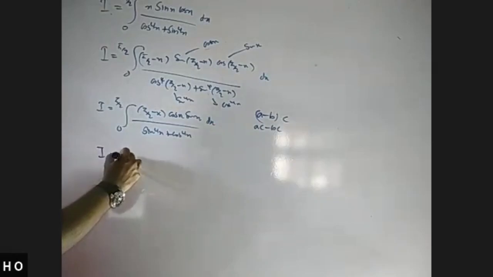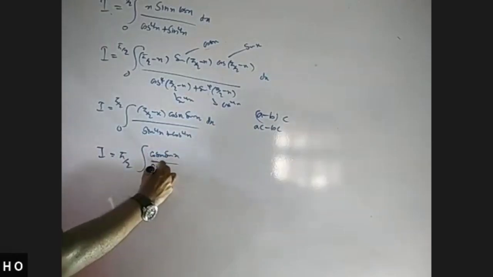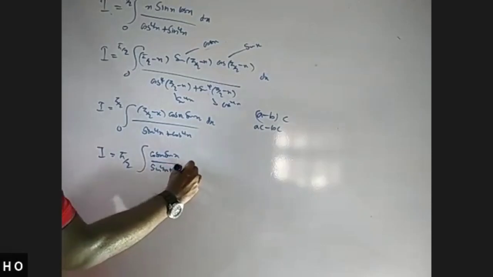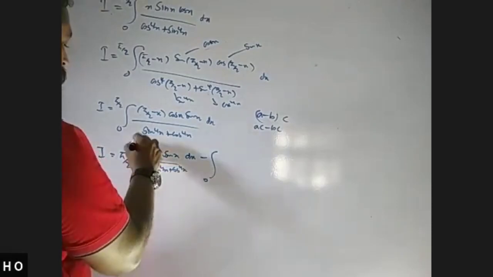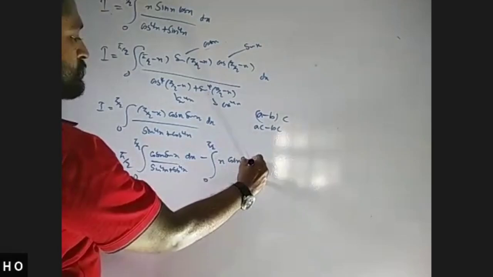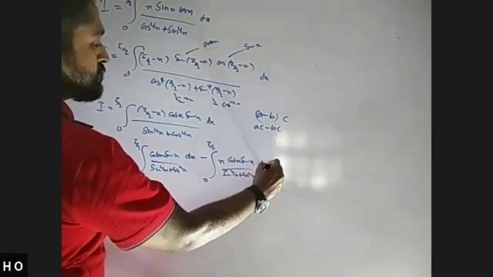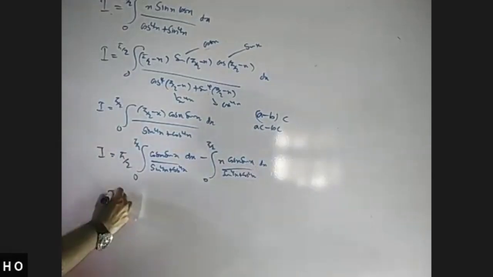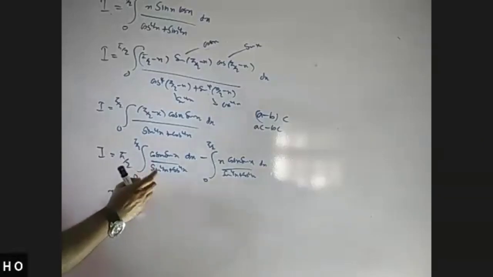So I is 5 by 2 into cos^6 x sin^5 x over sin^4 x plus cos^4 x dx minus, so that is 0 to 5 by 2, x cos^6 x sin^5 x over sin^4 x plus cos^4 x dx. So continuing, I is, what about this?